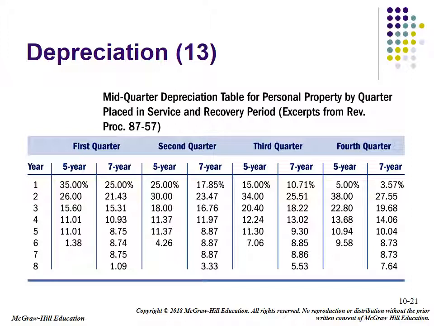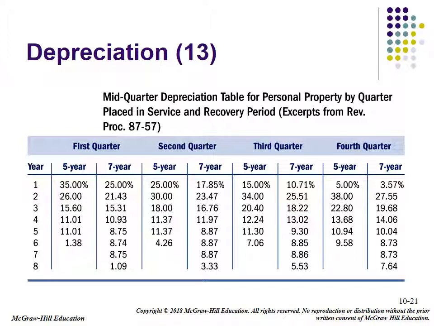So how will we calculate the dump truck? Well, the first thing we ask ourselves is, when was the dump truck purchased? Well, it was purchased on March 1st, so that's the first quarter. So the dump truck will use the first quarter 5-year column. So we'll take 40,000, and you could see that one right in front of you, times 35%, or $14,000.